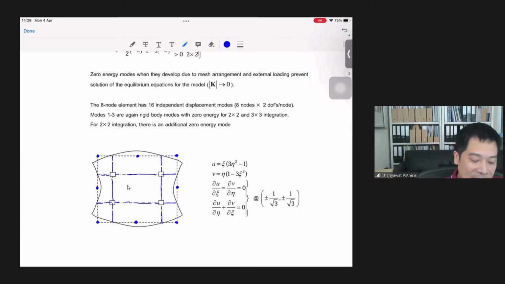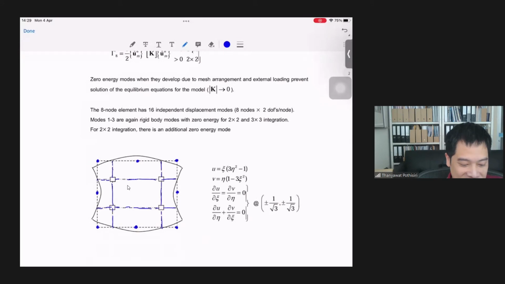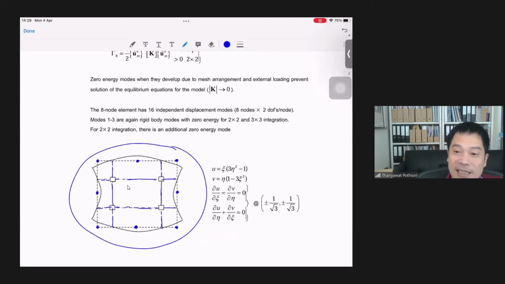But even though we have this case for using 2 by 2 points for 8 node elements, people will still prefer using 2 by 2 point rule. But what they have to do is they have to try to avoid having this kind of deformation inside your finite element model. Okay.